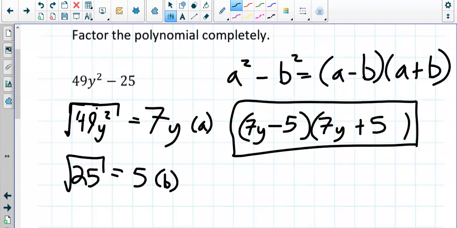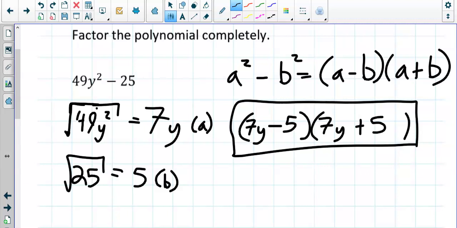Square root the first term, that tells you a. Square root the second term, that tells you the b. And this only works on a difference of squares. That little square root method.